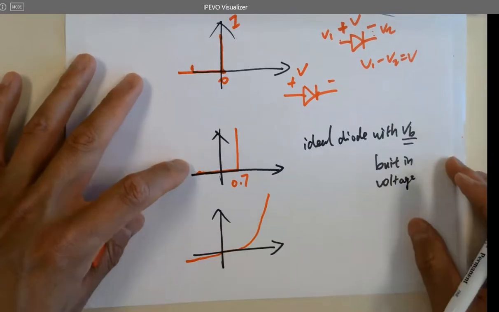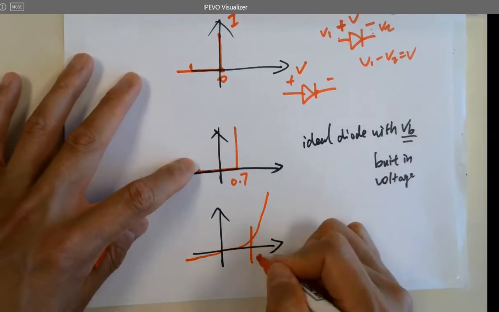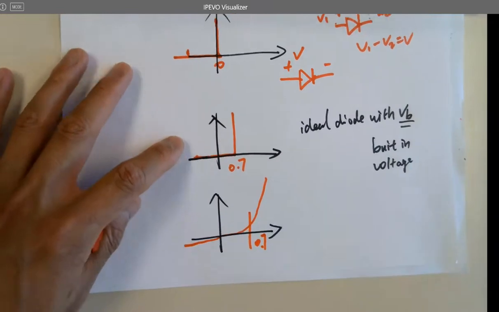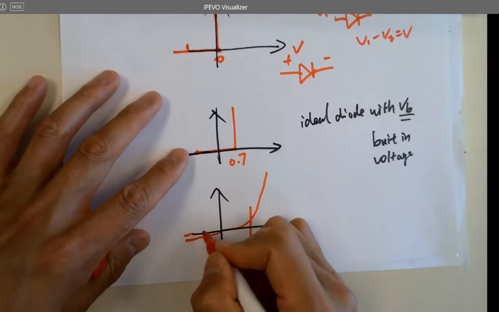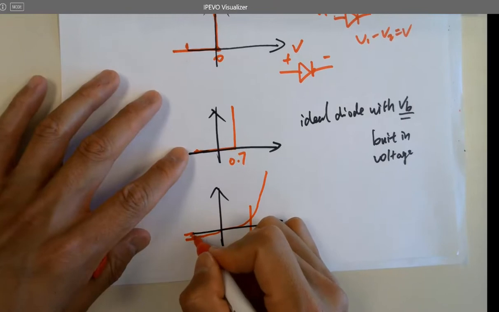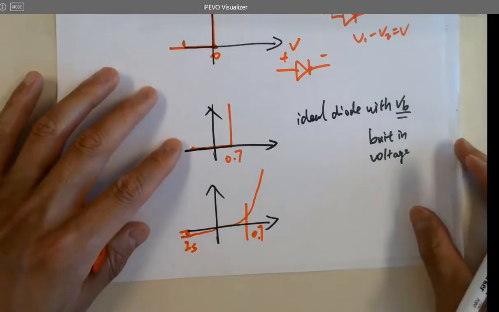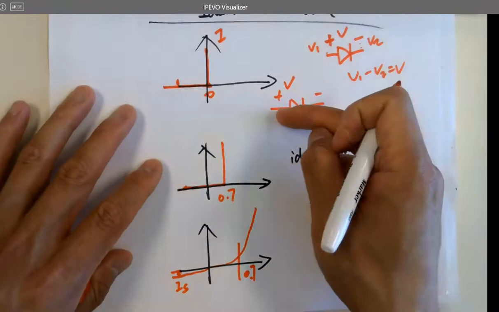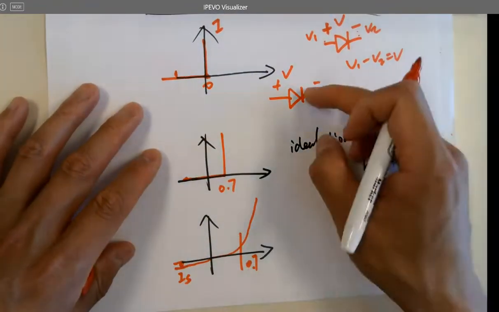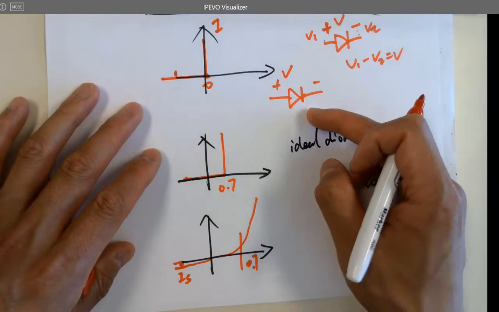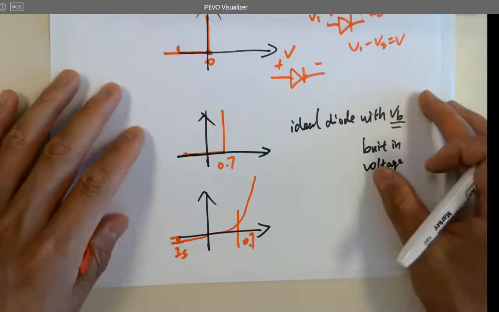And here is 0.7 volts. And the little current here is called IS, the saturation current. So there is some current flowing backwards, but very tiny. But consider it as just blocking the current flowing backwards. It's small.